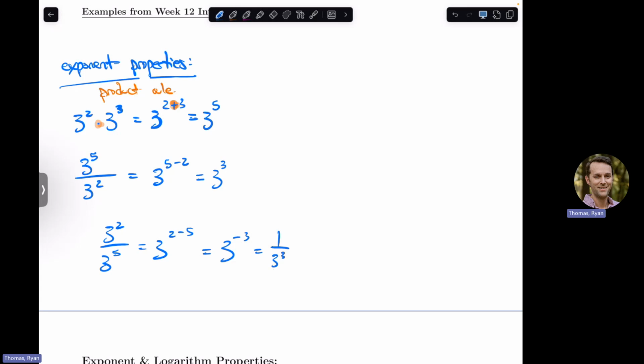So you'd still have 3 copies of 3, so 3 cubed, that overhang, right? It would just be in the denominator instead of the numerator. For multiplication, for products, it doesn't matter because addition works the same way either way. For division, it does matter, top minus bottom. So that's the quotient rule.